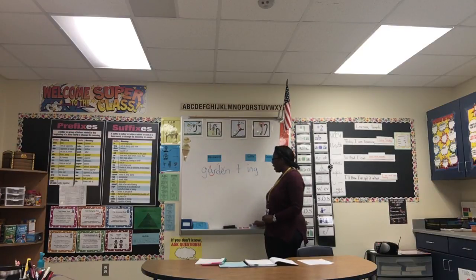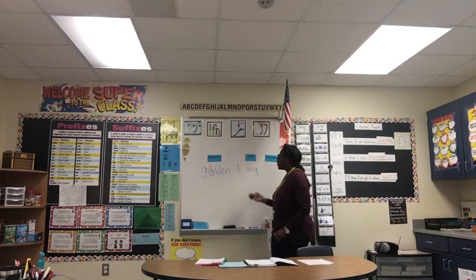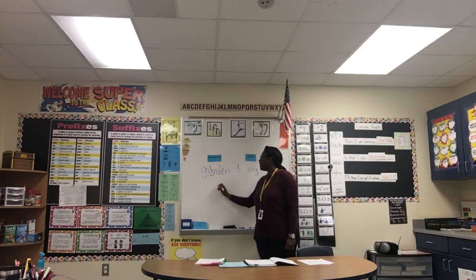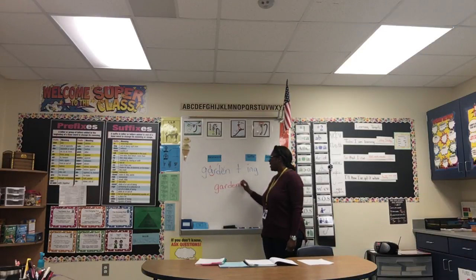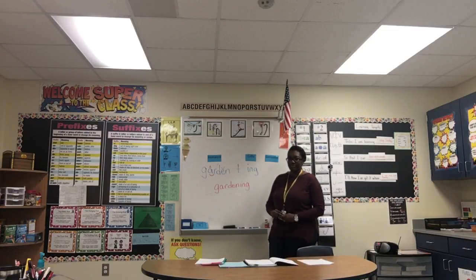So when we are trying to make the derivative gardening, we would just spell it. G-A-R-D-E-N-I-N-G. You can go ahead and write that on number 1, gardening. Okay.